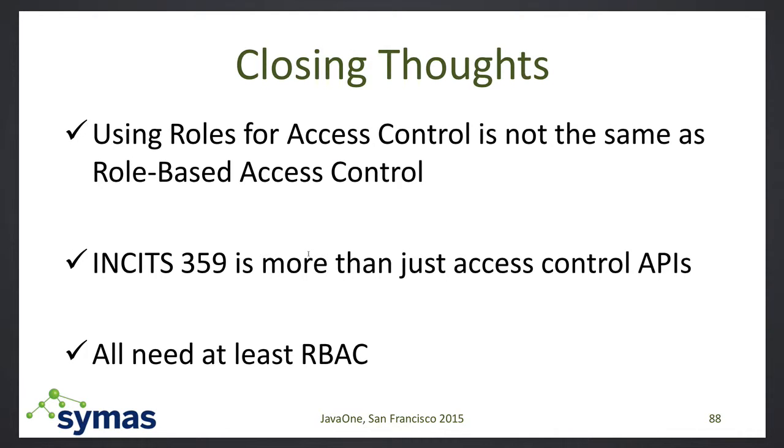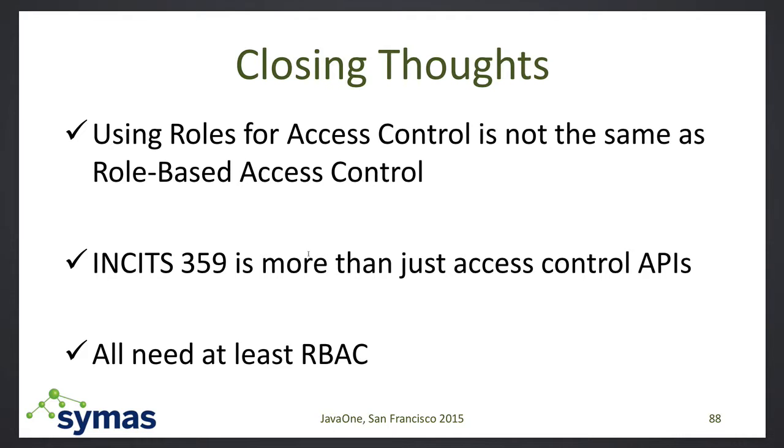Closing thoughts: using roles for access control is not the same as role-based access control. Just because you've got some sort of check in your application that's doing an is-user-in-role, that's not RBAC. RBAC is a permission-based semantic with sessions and constraints and things like that. Correspondingly, Insights 359 is more than just access control APIs.